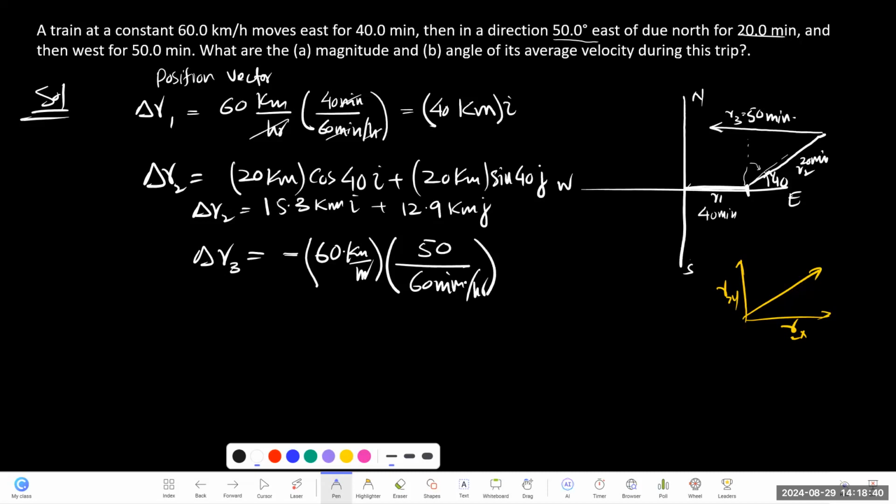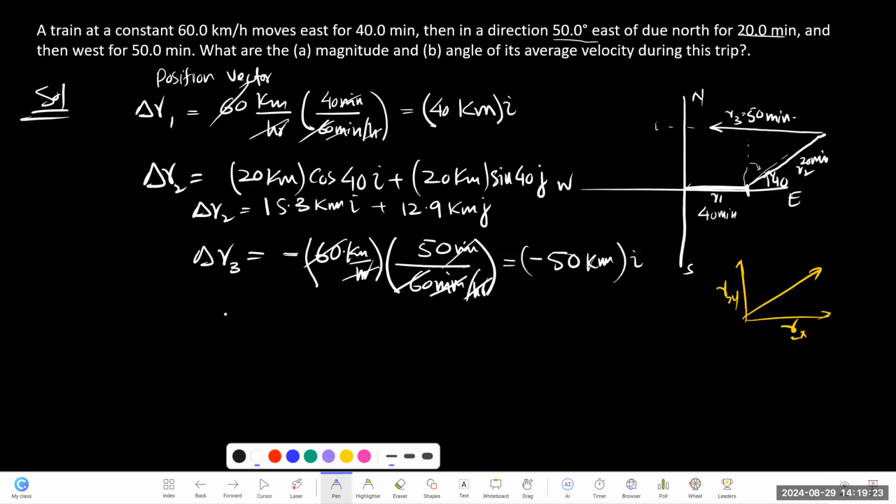So this can cancel a lot of things. Now if I solve this, the answer would be minus 50 kilometers. The 60 definitely cancels out here. This is i, because it's along the x-axis, right? Anything along the x-axis will be i, and anything along the y-axis is j.